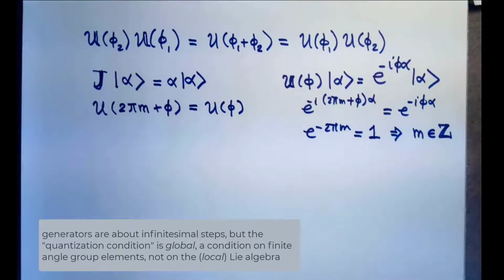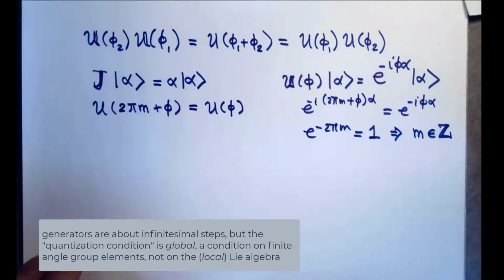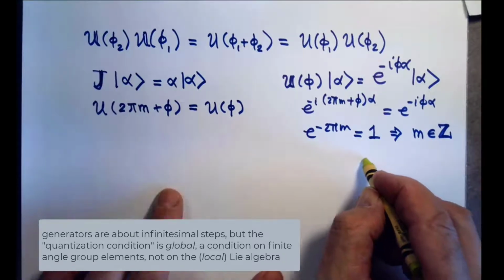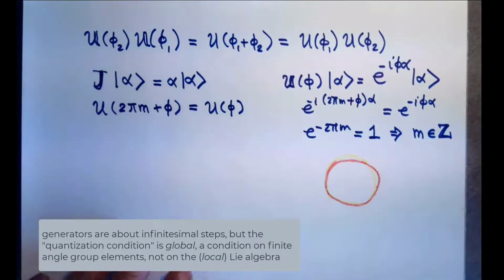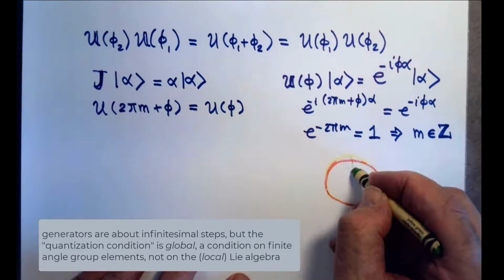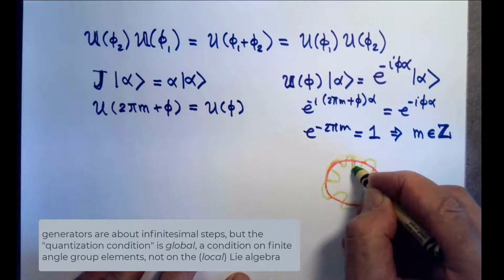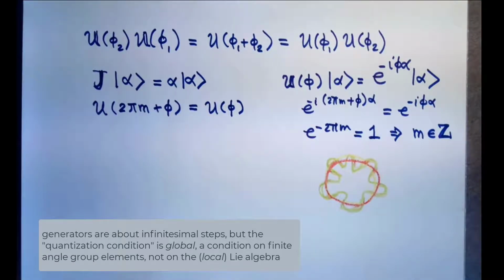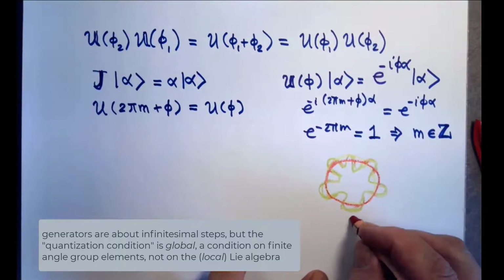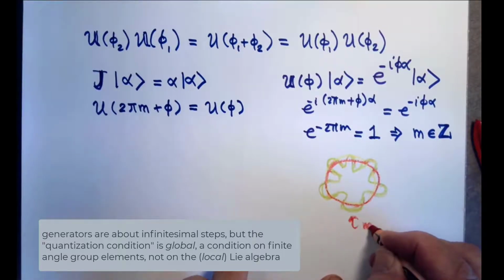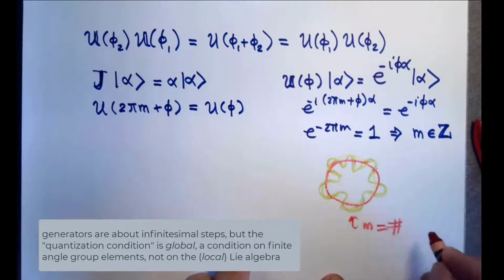So now we have learned something very important. Its geometrical meaning is what you need to know. What does this mean? We are running on a circle, so this field is oscillating, and eigenvectors have the property that we have an integer number of wiggles. You know from Fourier analysis, m is the number of wiggles.